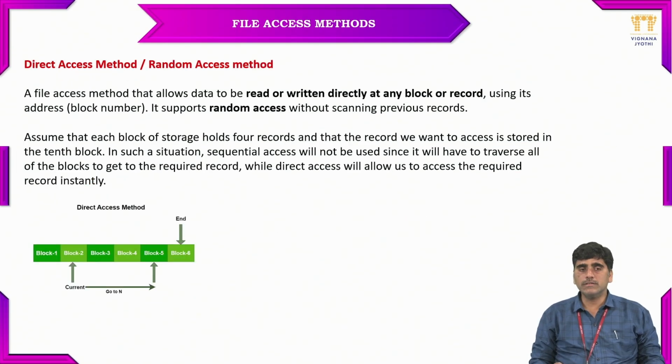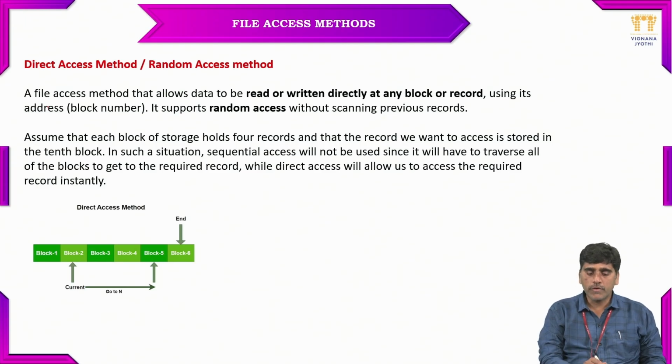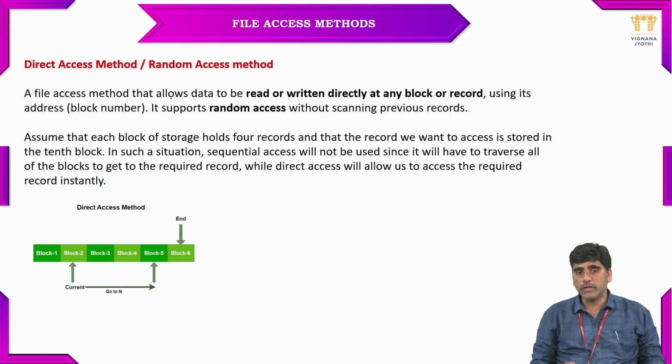And the second method is the direct access method or random access method. It is a file access method that allows data to be read or written directly at any block or record. So we can access directly. If you know the file name, we can access the particular file directly. How are we going to access?